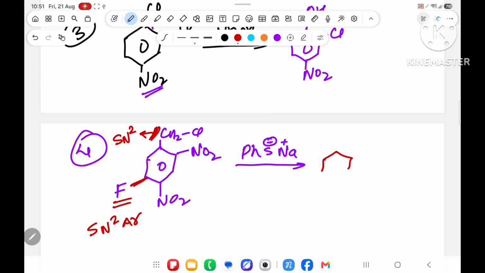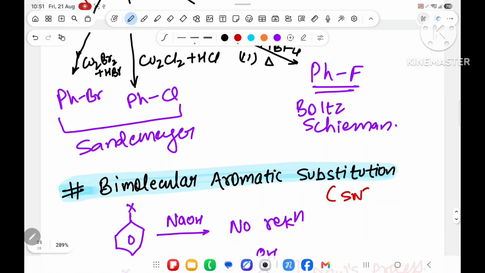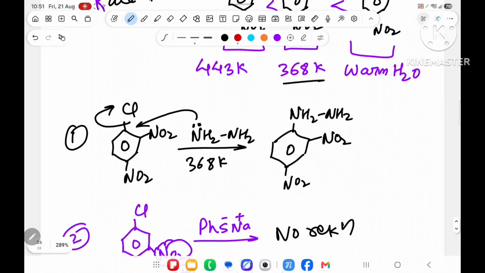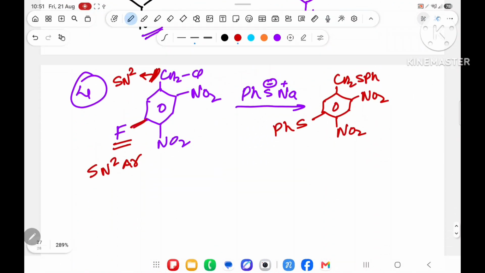The benzene ring stays, NO2 will be as it is, at this place SPh will attach, and at this place also SPh will attach. The bottom side is bimolecular aromatic substitution, SNAr. On the top side the benzene ring is not directly attached, so it will do SN2, but over here SNAr.